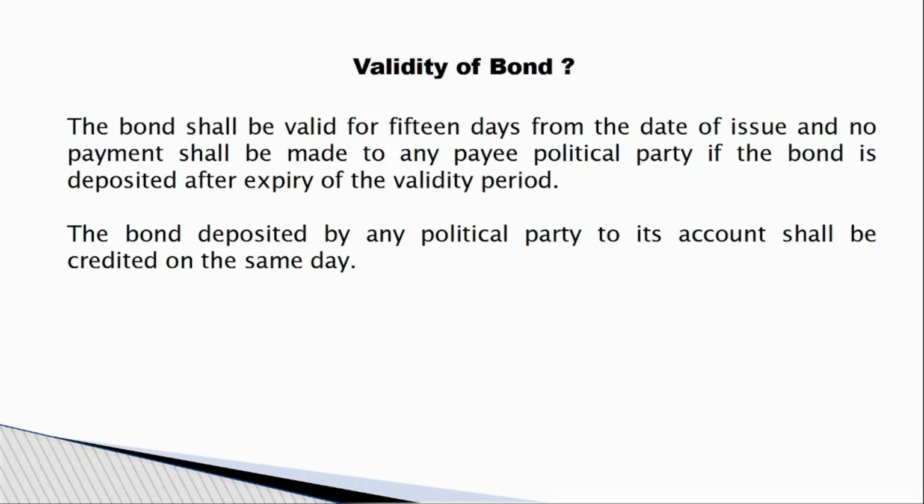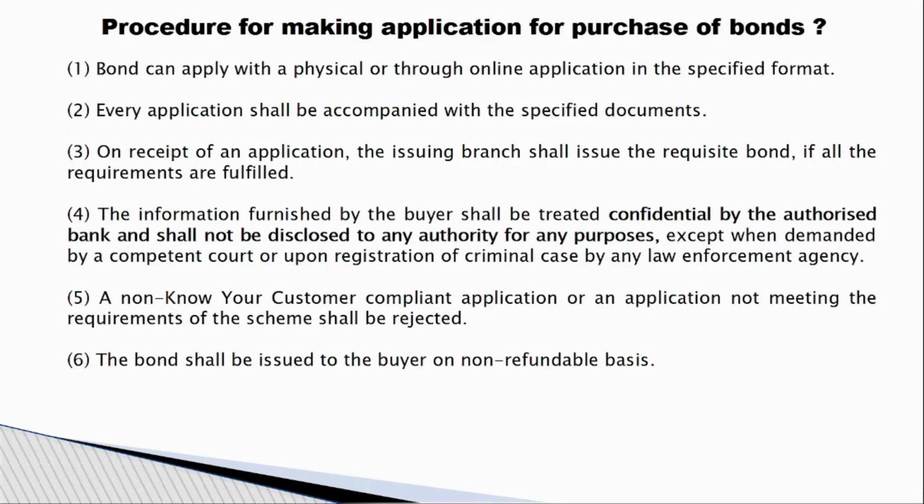So, you buy a bond, give it to any political party. Within 15 days, they have to deposit it into their account, and this amount will be transferred, otherwise it will be expired. Now, the procedure for making an application, the process of purchasing a bond. Both physical and online are available.